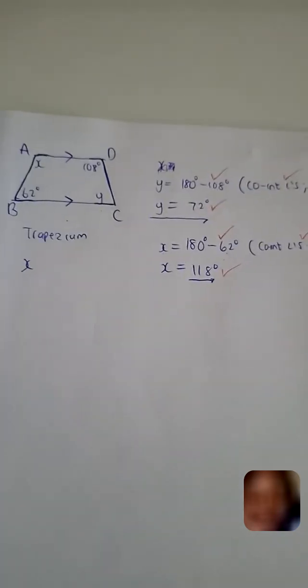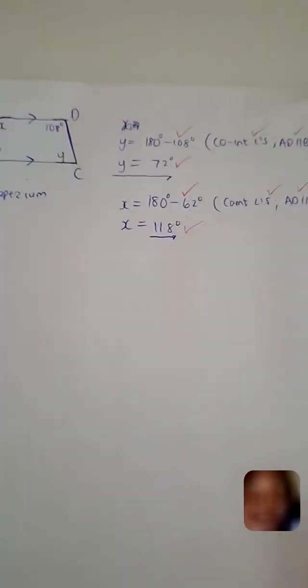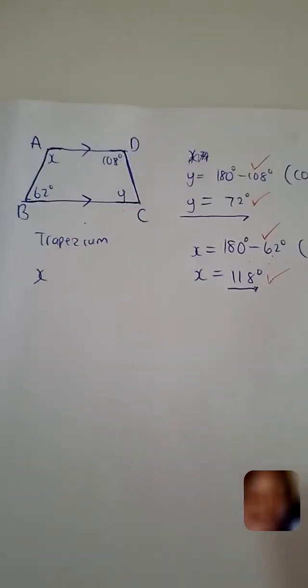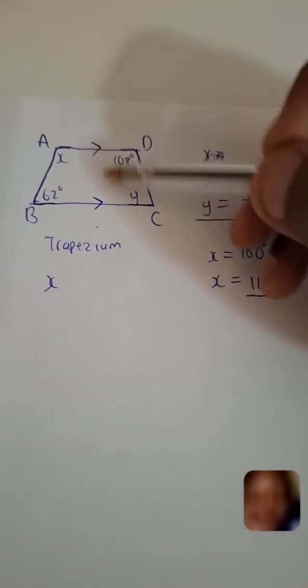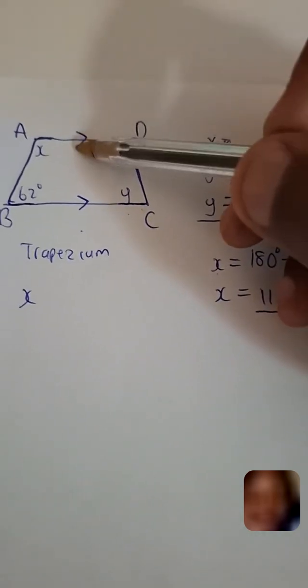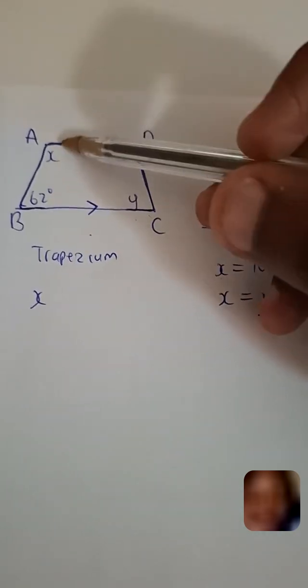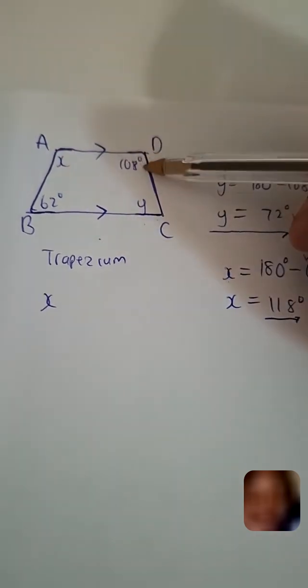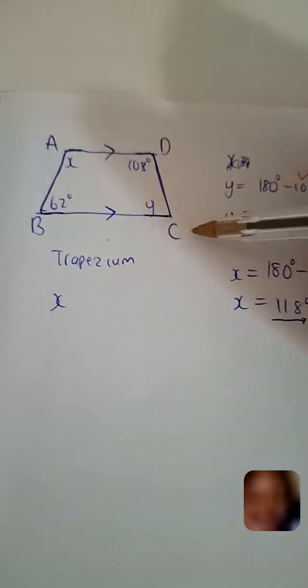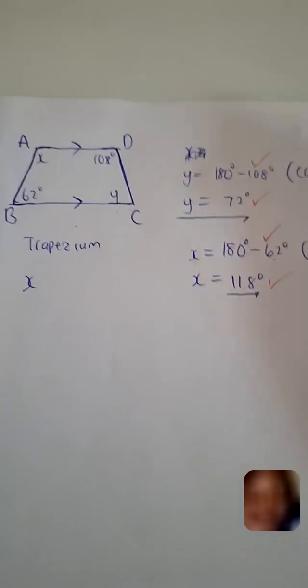Okay, thank you, Kia. I'm so impressed with the fact that you remembered the relationship that exists between parallel lines. These arrows, guys, signify that the line AD and the line BC are lines that are parallel.